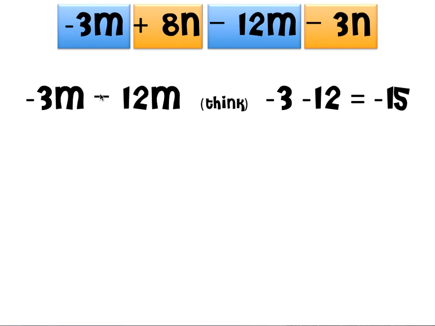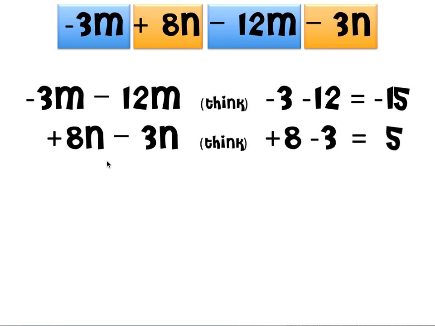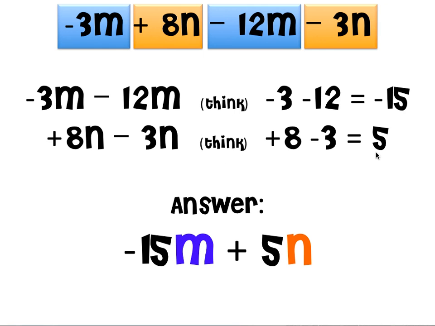When you do that, it's easy to clearly see that this is negative 3 minus 12. We're going to do the same thing with the n's, and when we do that, we have a positive 8n minus 3n, and if we think positive 8 minus 3, we know that that's positive 5. So our answer for this one is going to be negative 15m plus 5n.